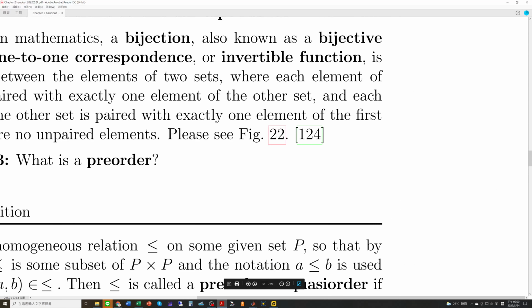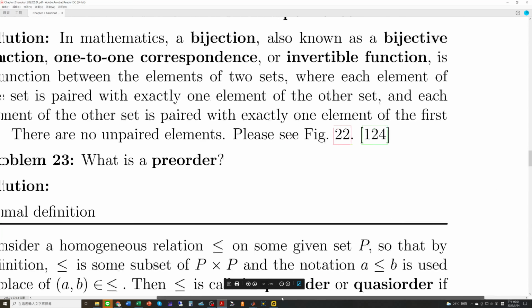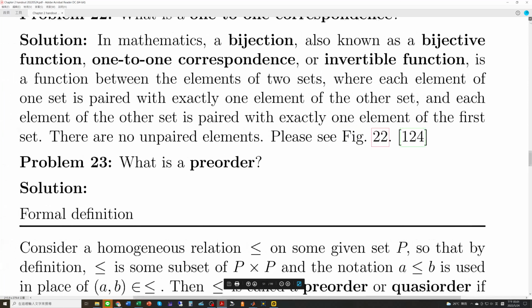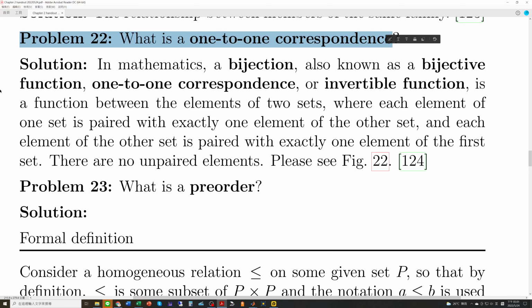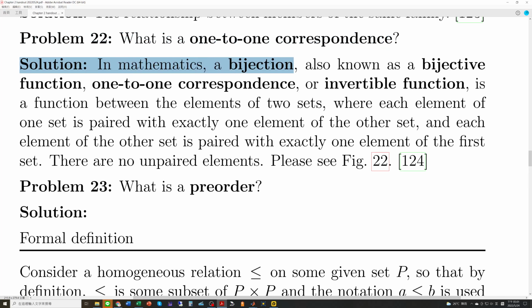You can click on it, and you can see that I have introduced it before. Please see problem 22. What is a one-to-one correspondence? Solution. In mathematics, a bijection, also known as a bijective function, and so on. If you forget what a bijective function is, please review this solution.